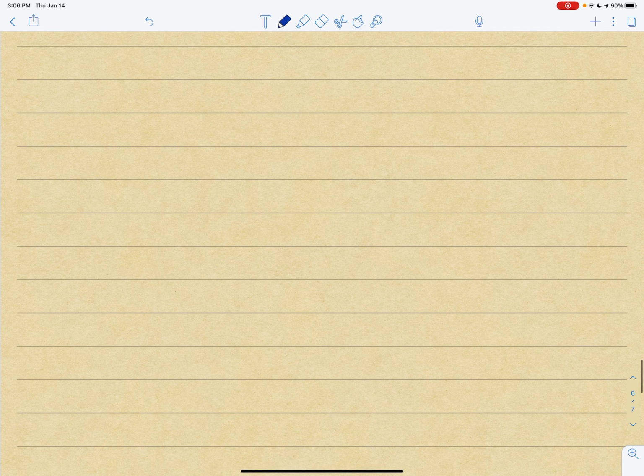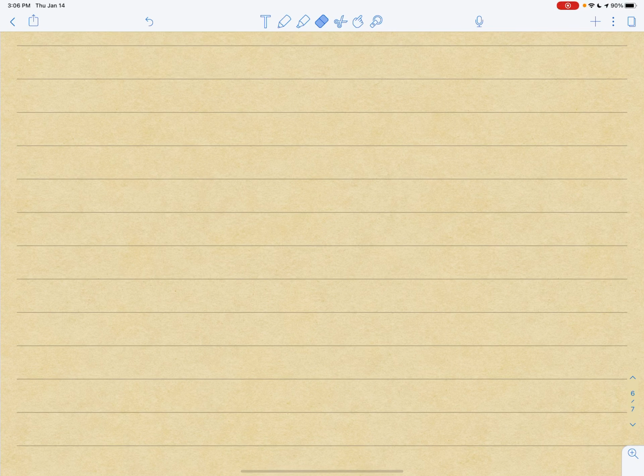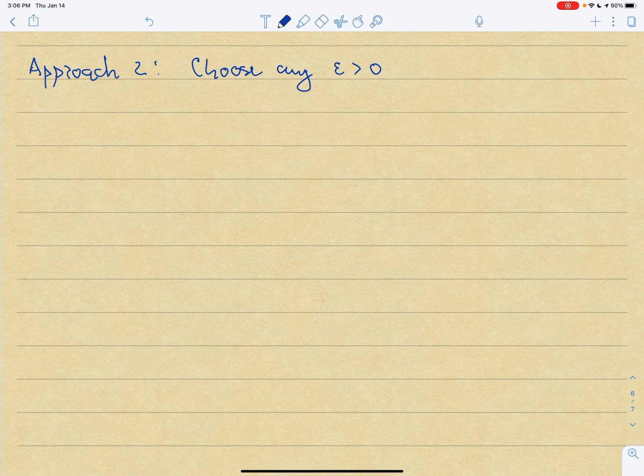Let's try approach number 2. And here we're going to verify the epsilon delta definition. So I'm going to choose any epsilon greater than 0.